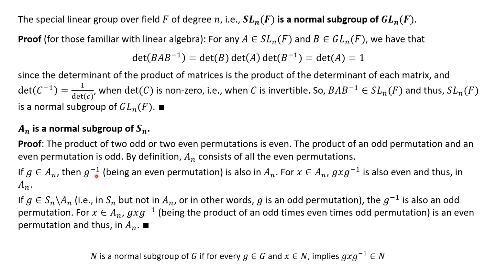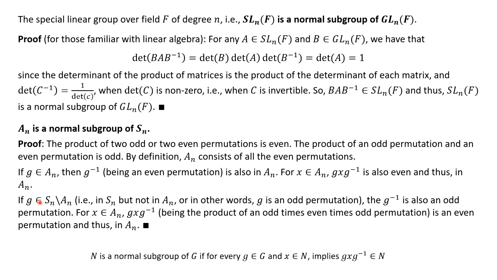If g is in An, then g inverse would also be an even permutation. So that's in An. And then for any x in An, the product g x g inverse would also be even because it's the product of three even permutations. Thus, this product is in An.